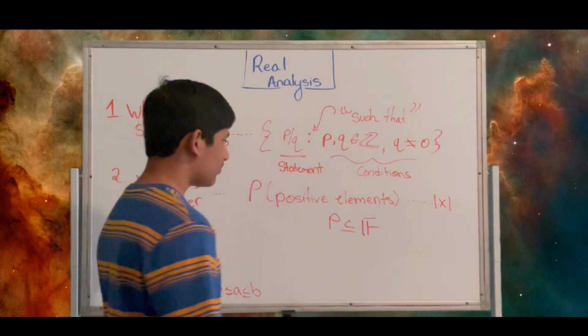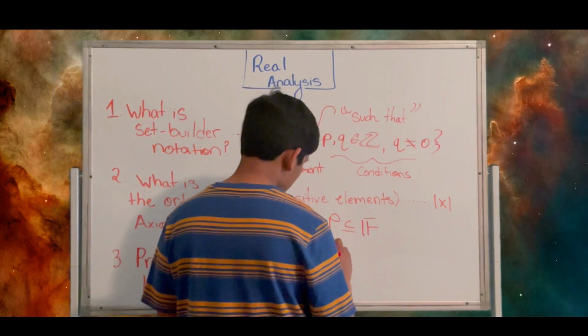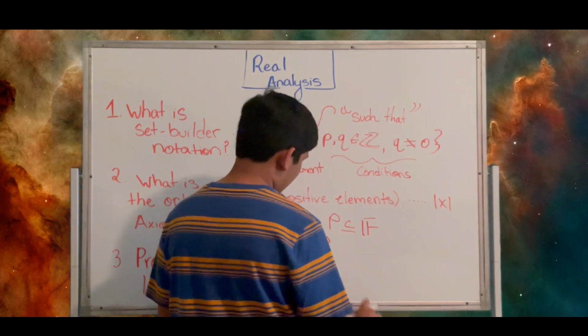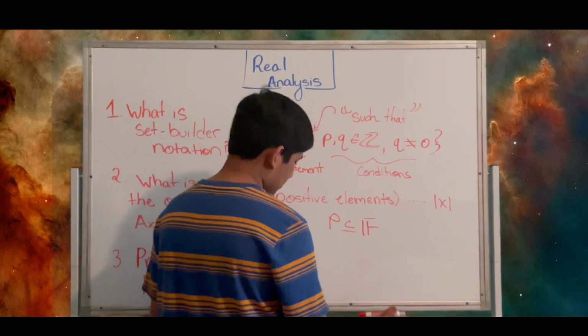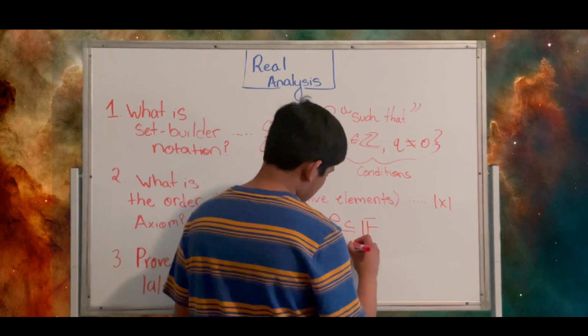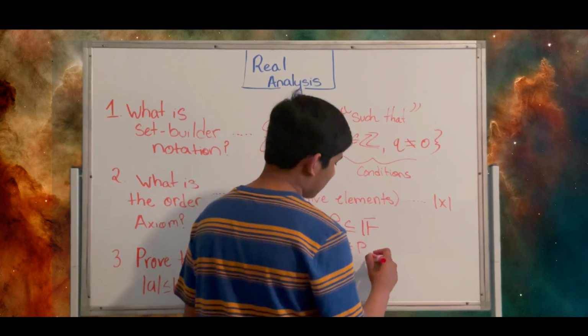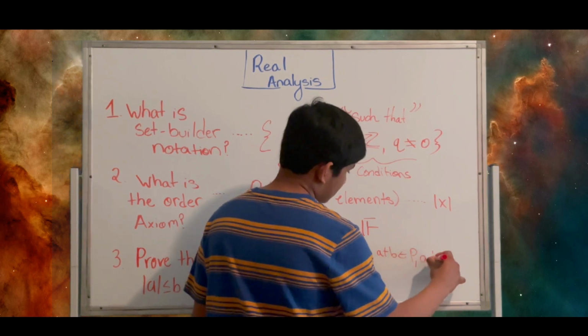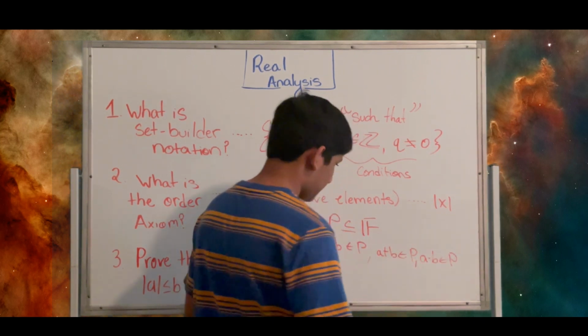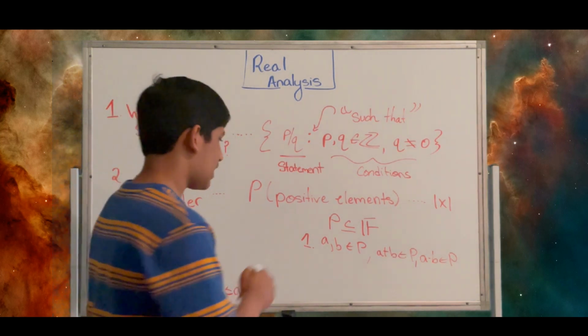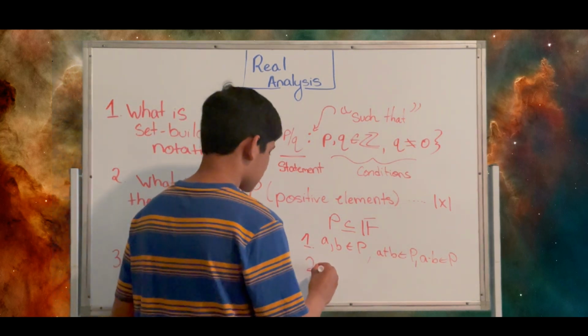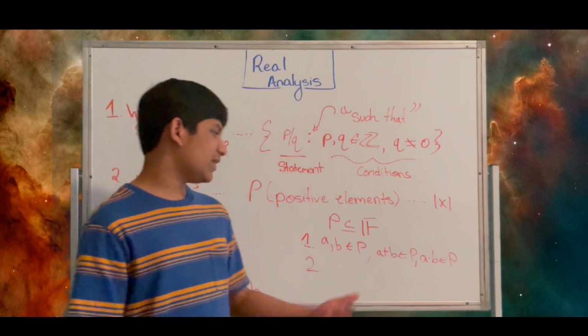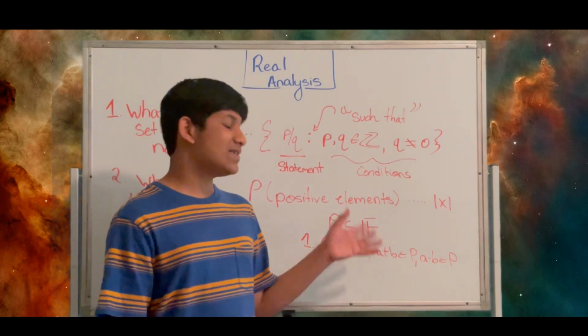So we can say P is a subset of F, which is a field. And we're going to be saying that number 1, if we have elements A and B in P, which is the positive elements, A plus B is in P, and A times B is in P. Now if we consider number 2, over here, we have to consider the second property.